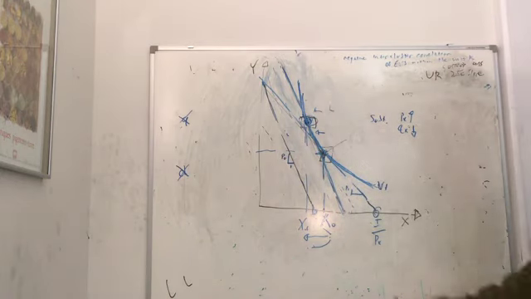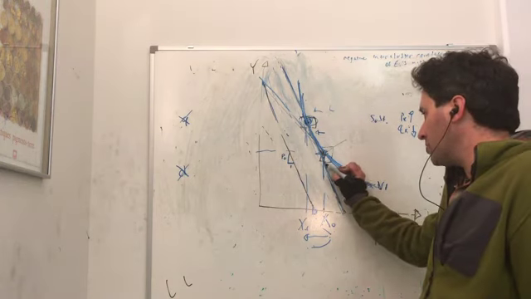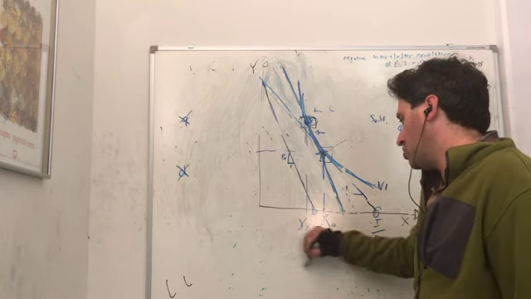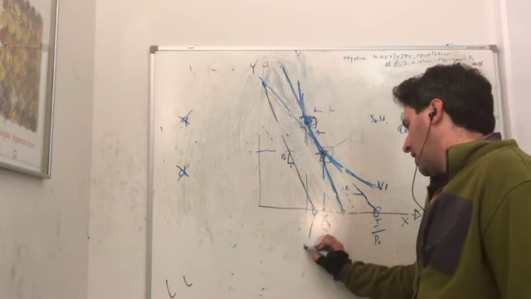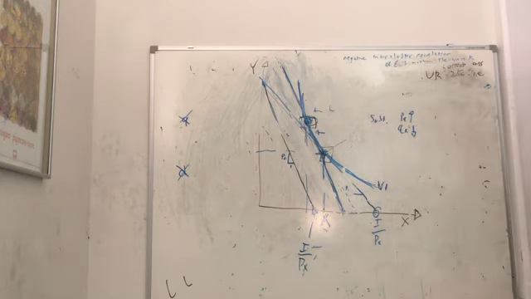New prices, original level of utility. But how do I move from this budget constraint to the actual new budget constraint with the new price, where this should intersect at I over the new price, Px prime, I guess we called it?